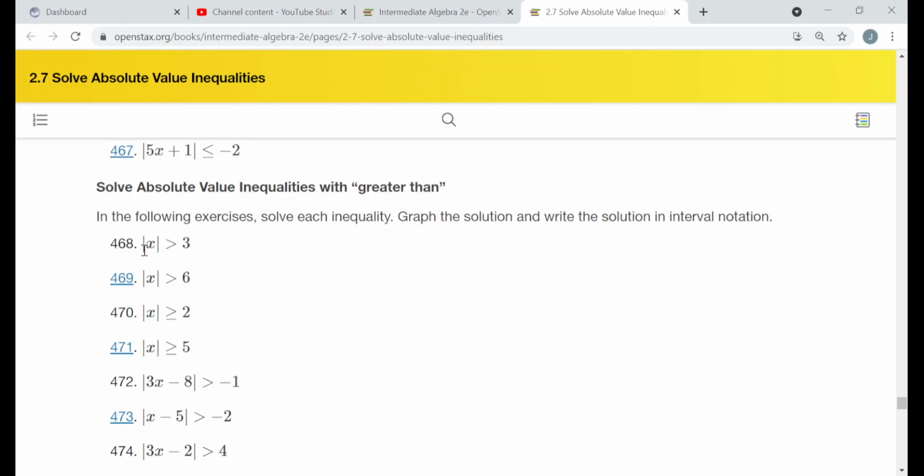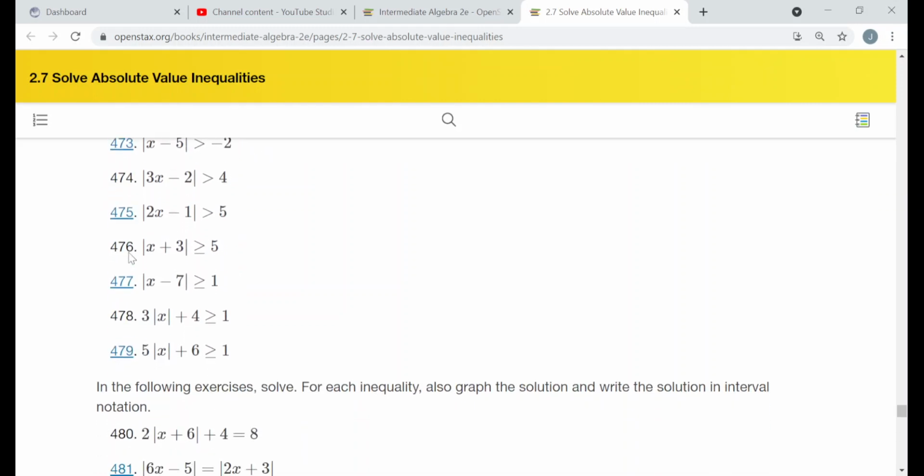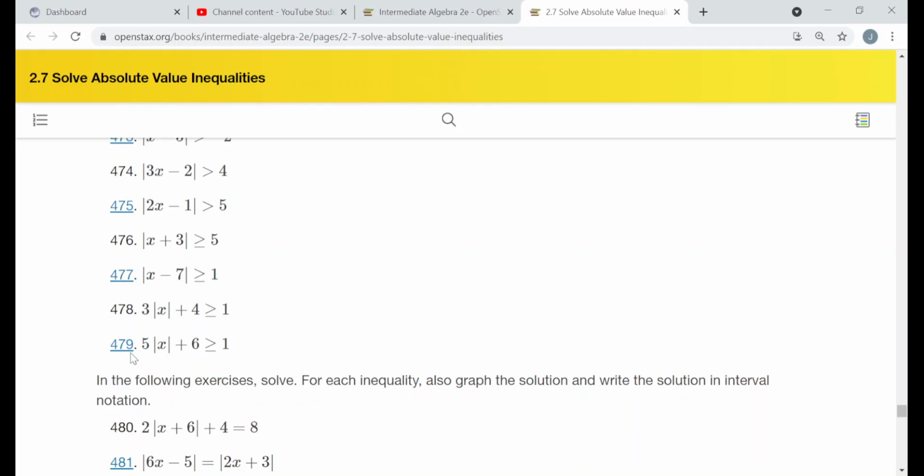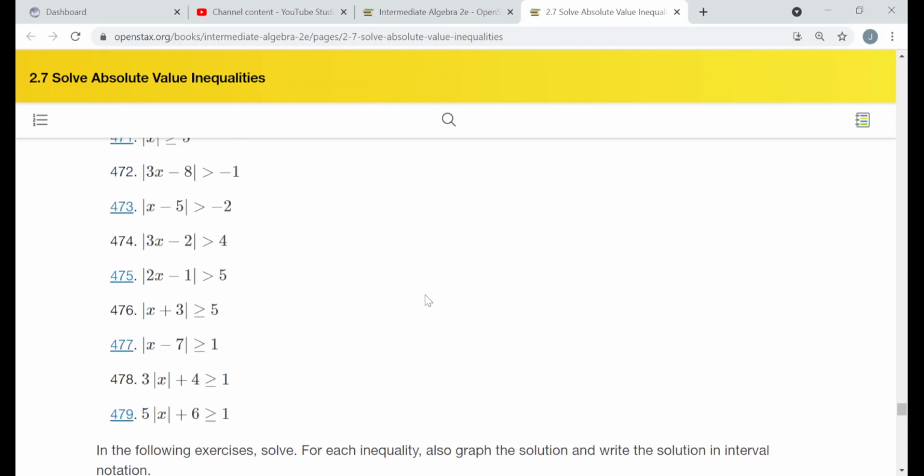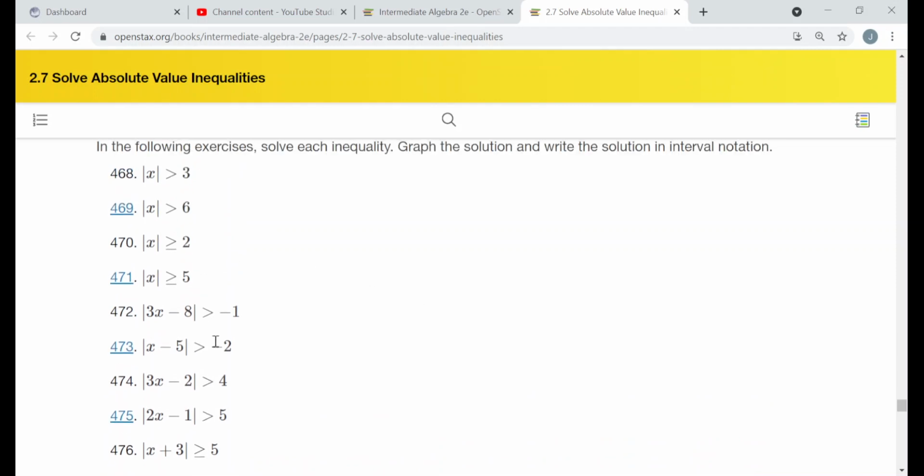Alright, so example 1 is going to correspond to exercise 468, and I'm going up to example 12. Right, example 12 will correspond to exercise 479. And if you'd like to skip around, if you'd like to say, hey, I'd like to see number 473, that would be example 6.